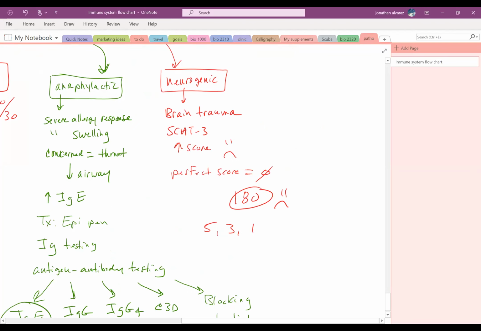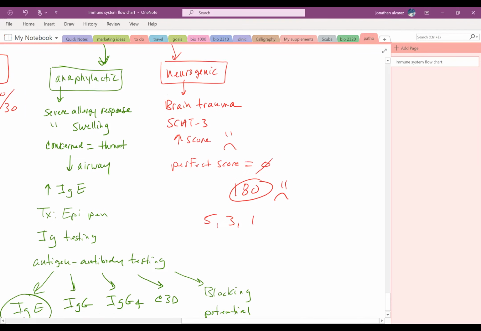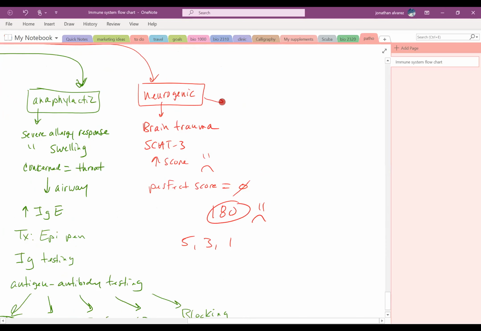All right. So brain trauma can cause a type of shock, right? Another one under neurogenic is drug overdose. Okay. And then another easy way of looking at this is anything that can hurt the central nervous system.